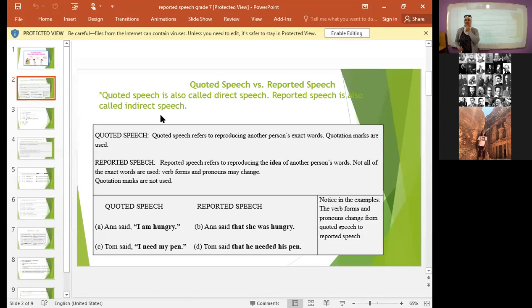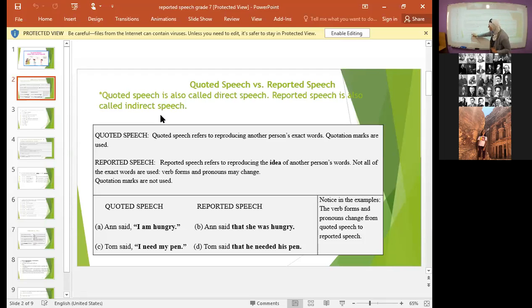Okay, the teacher said, when you repeat, we don't use quotation marks. So we have to do something. It's not only that we delete the quotation marks, we have to change something. What do we change? Number 1, we add that. She said that she. From where do we get this she?